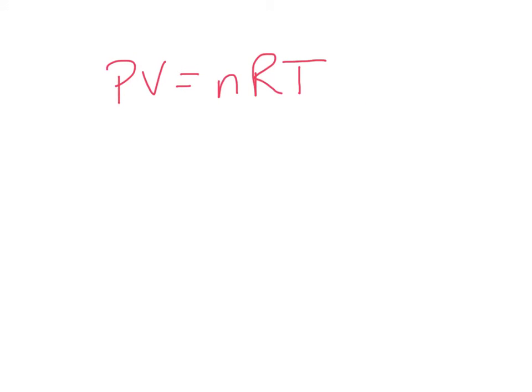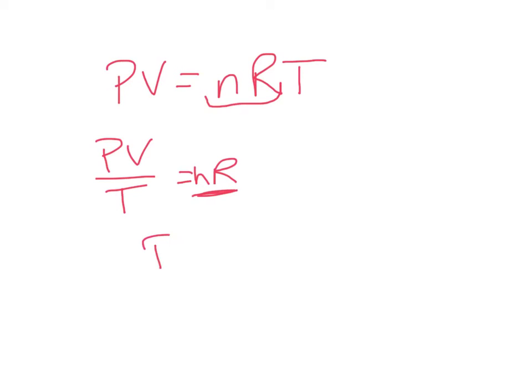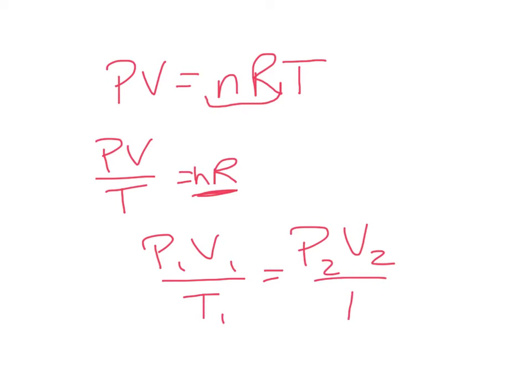What do we do if everything's changing except maybe the number of moles, the amount of gas, in a fixed container? Again, we move everything that changes to one side. PV over T equals nR, and this is our constant. This becomes our combined gas law, P1V1 over T1 equals P2V2 over T2. Do you see how all of the equations are derived from PV equals nRT?